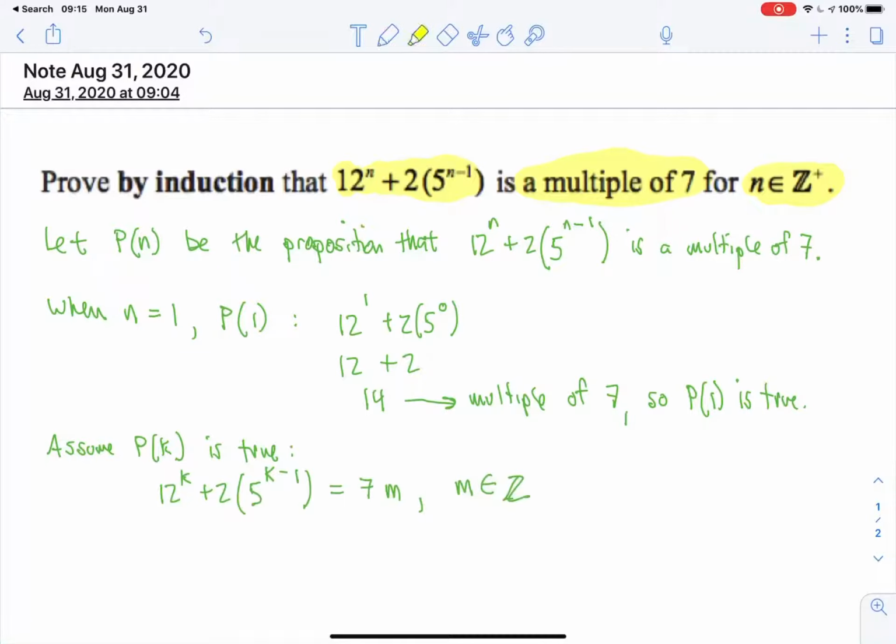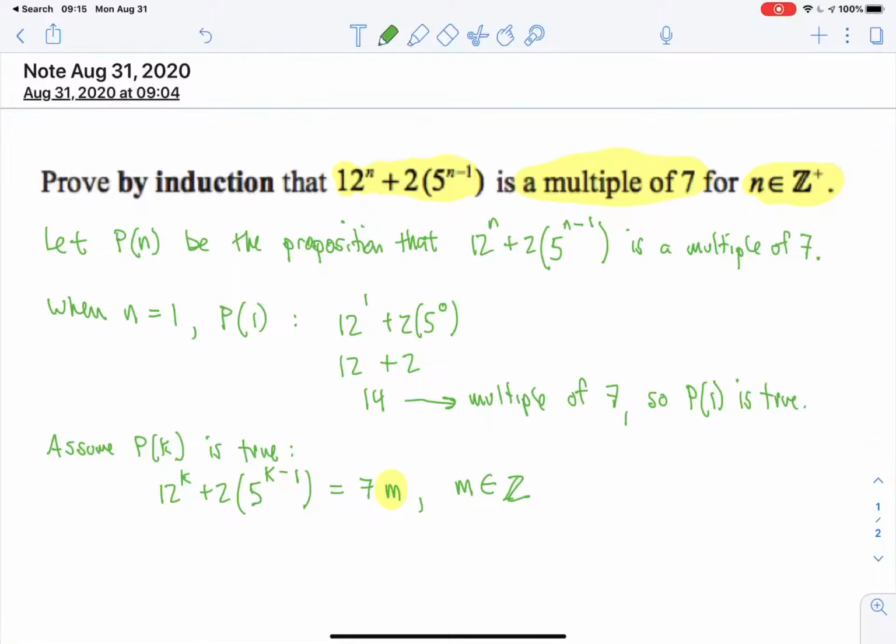Now let's talk for a second about this. This is saying on the left-hand side that 12 to the k plus 2 times 5 to the power k minus 1 is equal to 7m. Now this is the new piece for today's proofs. If this expression on the left-hand side is a multiple of 7, it means that it can be written as 7 times some constant, m, and m is an integer.